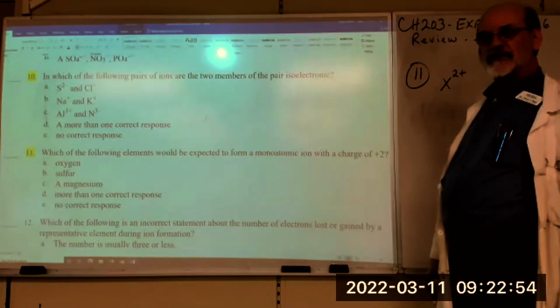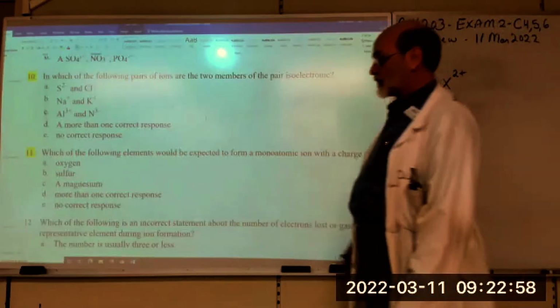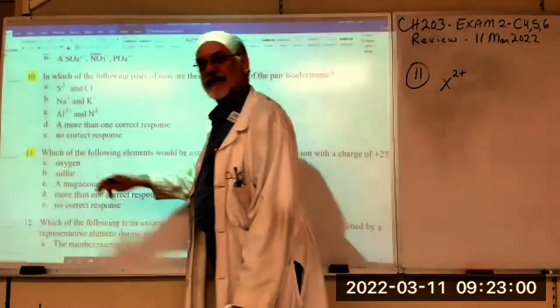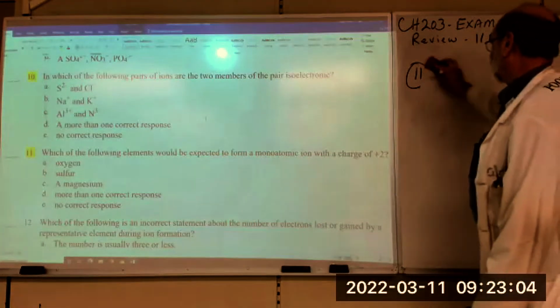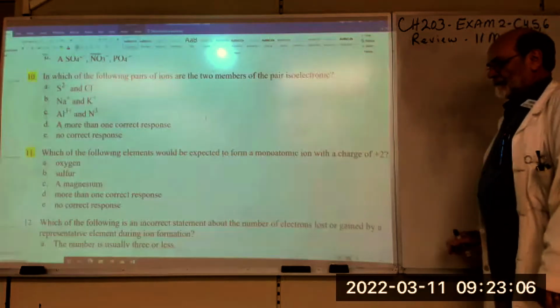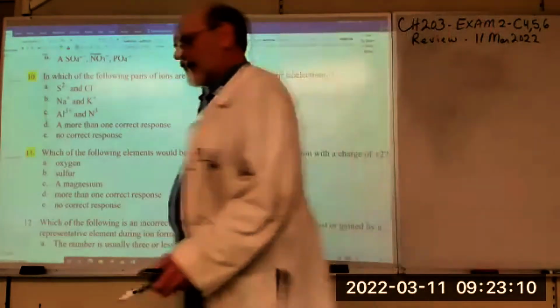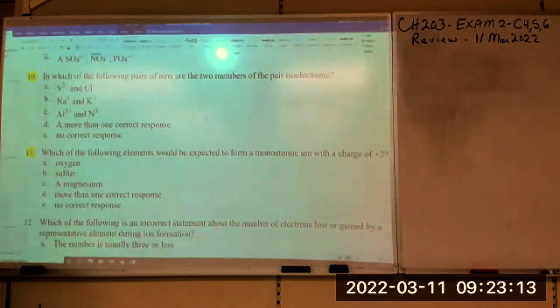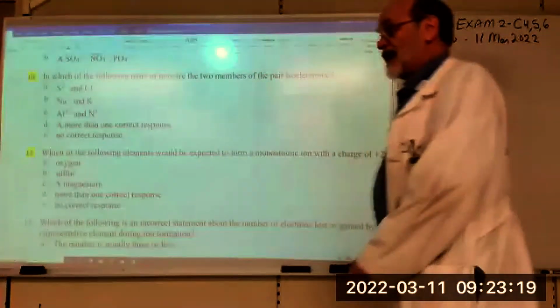All of those are 2+. So there's only one response. Magnesium. I guess what we're doing here is also testing your ability to navigate the periodic table and to use information that it gives you. And it gives you a lot of information.